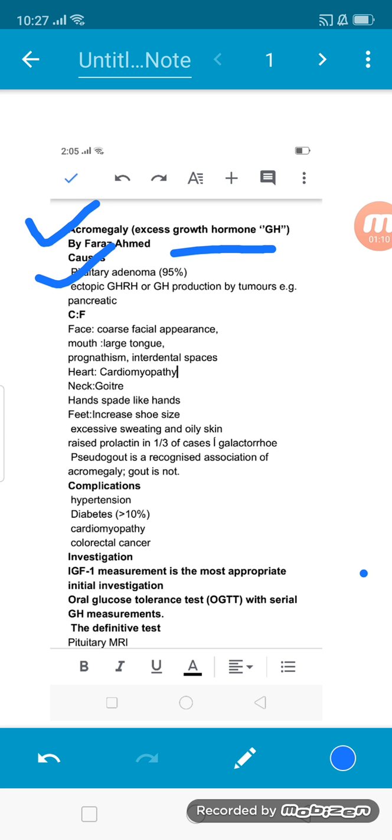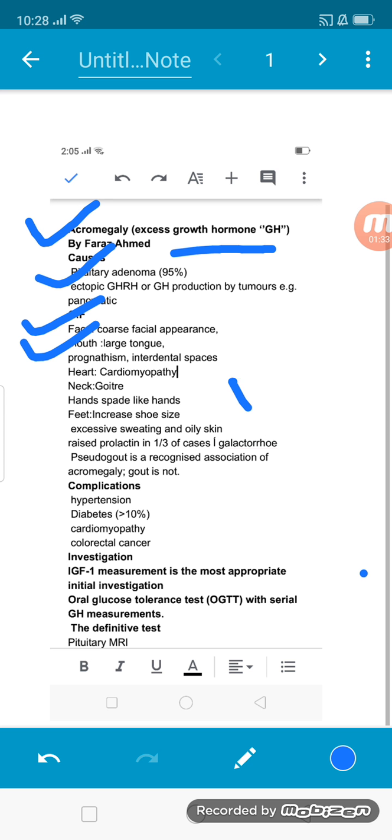So let's start the clinical features from the face to the toe. In the face, they cause coarse facial appearances. In the mouth, they cause a large tongue, and they also cause the interdental spaces to enlarge. They cause prognathism, enlargement of your chin bone.